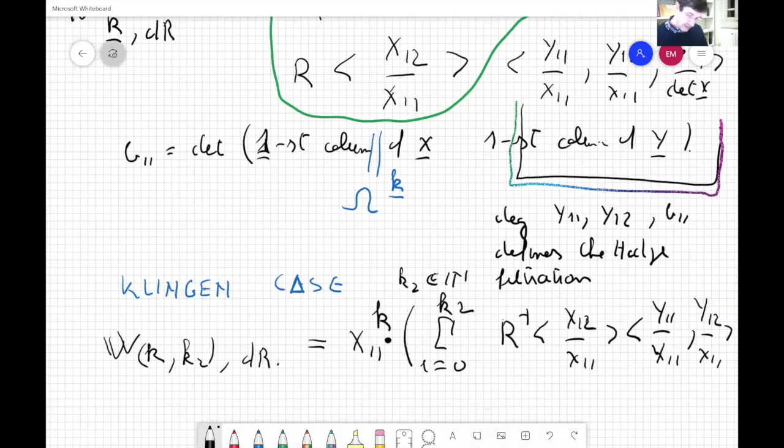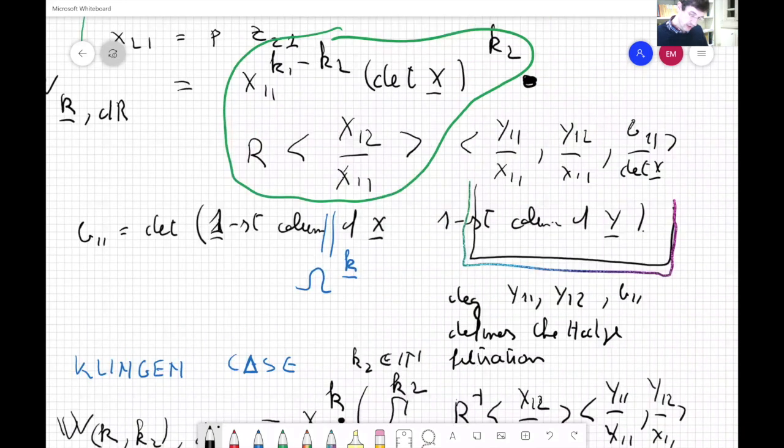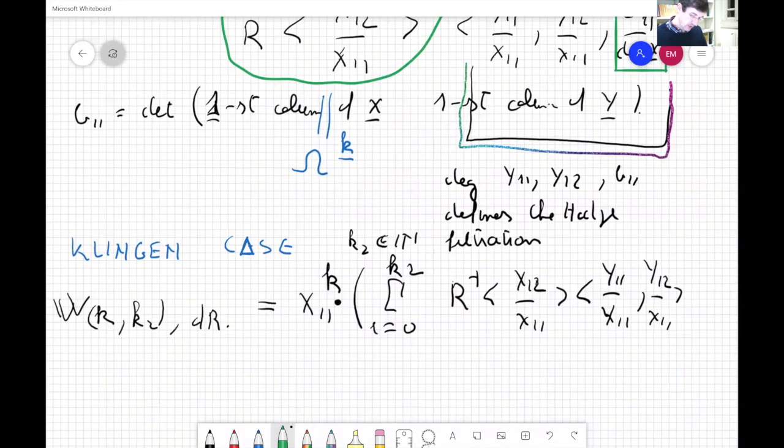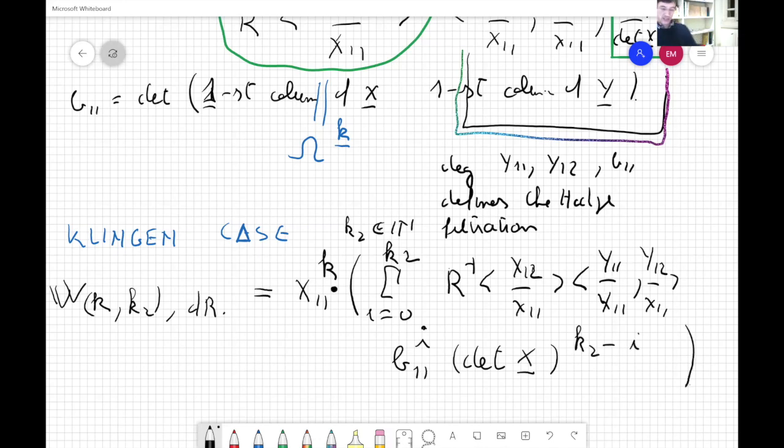And then instead of having the behavior that we saw here, where you have convergent power series in this, due to our algebraic assumption in K2, we are actually multiplying this by B11 to the I, determinant of X to the K2 minus I. So it's a smaller thing.